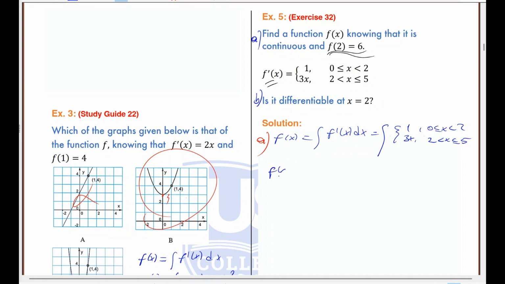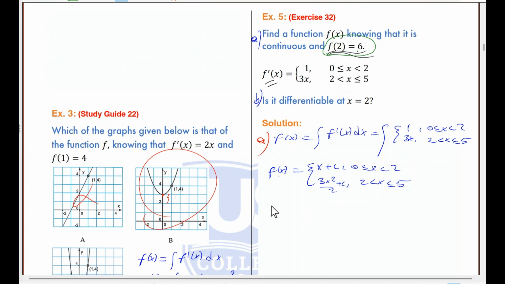So f of x equals the integral of 1, which is x plus c. The integral of 3x is 3x squared over 2. Okay, I got my original function with c's. I don't know what c's are, but what I know is f of 2 being equal to 6.